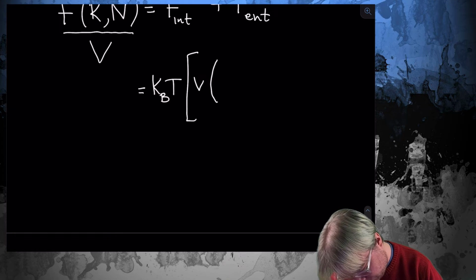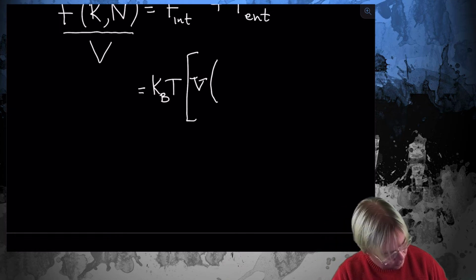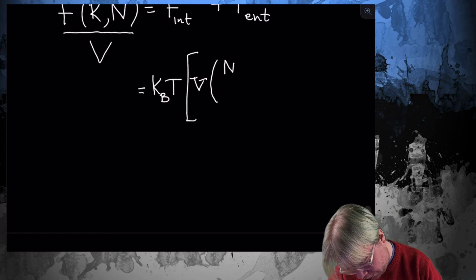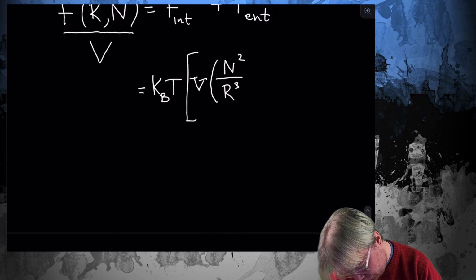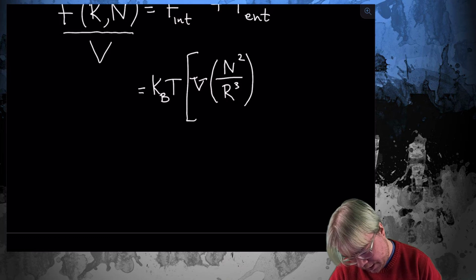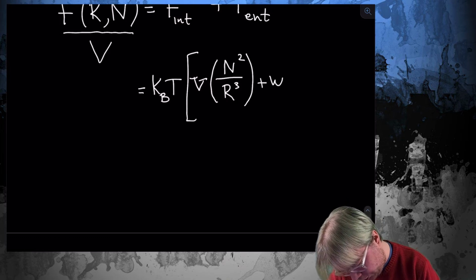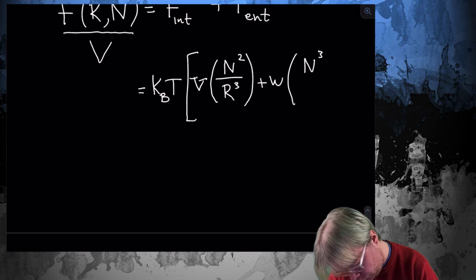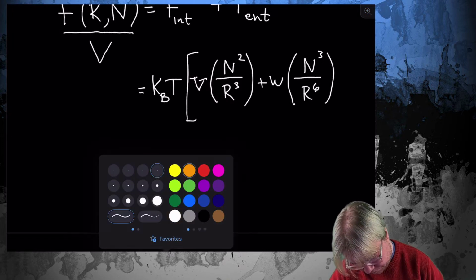This was the excluded volume multiplied by n squared over R cubed, and then plus this term w multiplied by n cubed over R to the 6th power. That's the interaction term.